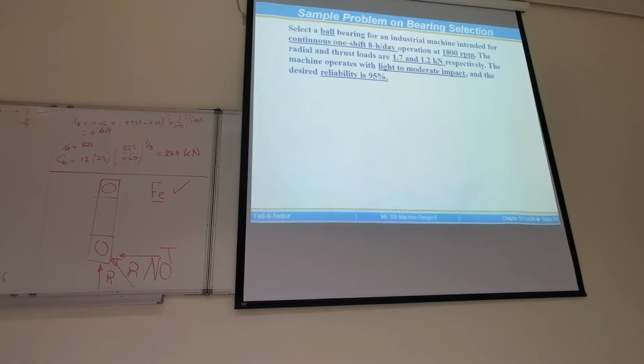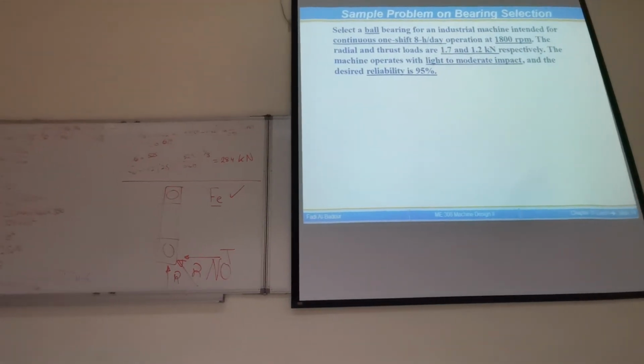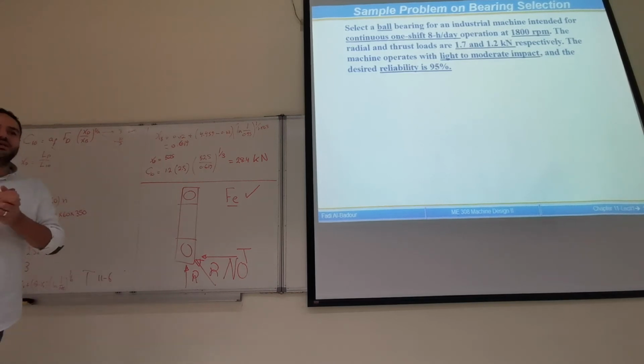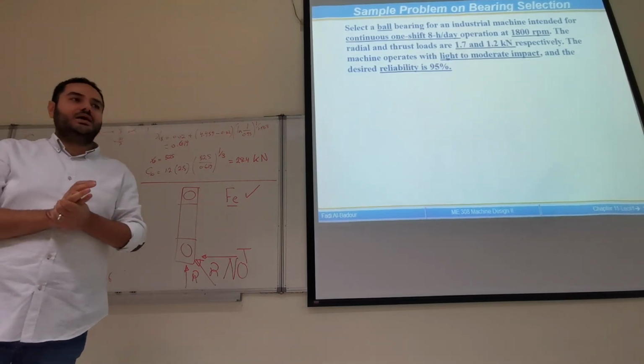Now, one issue with the life. Sometimes the customer who's asking you to design the machine doesn't have a specific life, but he tells you how the machine is going to be utilized.